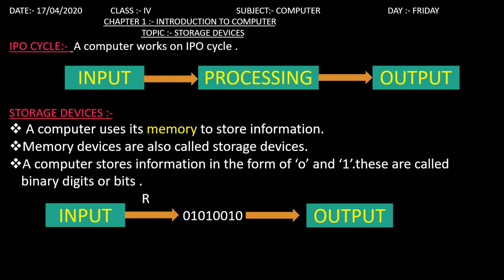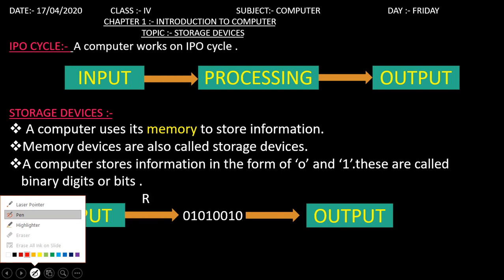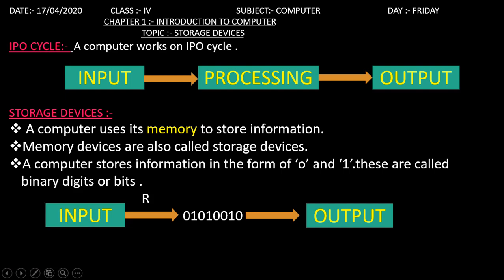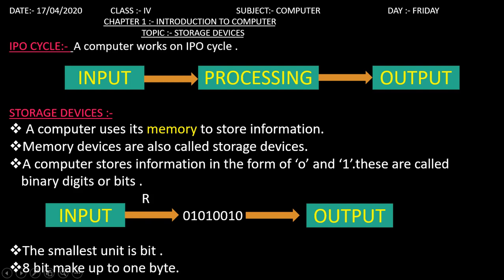Let me try to explain with another example. Just imagine you are giving the input RAM as a name through the keyboard. When you press R, first R will be converted into a binary number, 01010010, which is understood only by the computer.